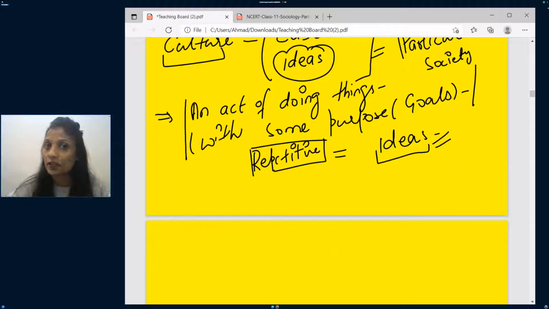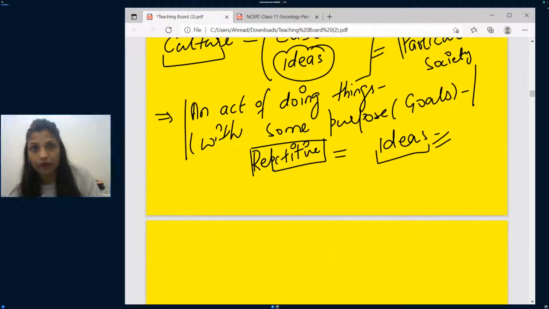But waking up early in the morning and worshipping God or Allah, or meditating with some ideology, with some values attached to it, is what brings a culture. Am I making sense?